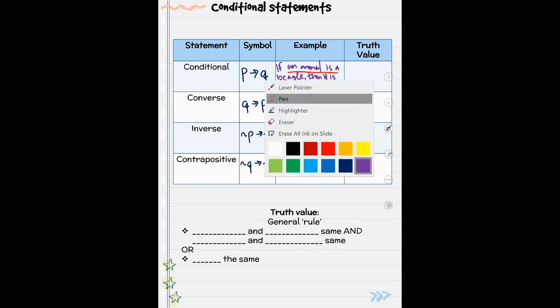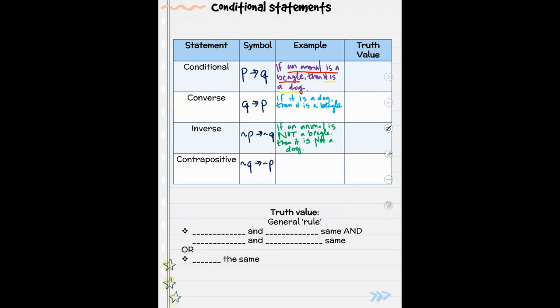And finally, our contrapositive. We're negating both of them and switching both of them. So if it is not a dog, then it is not a beagle.